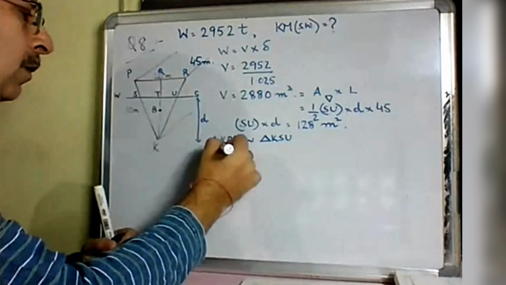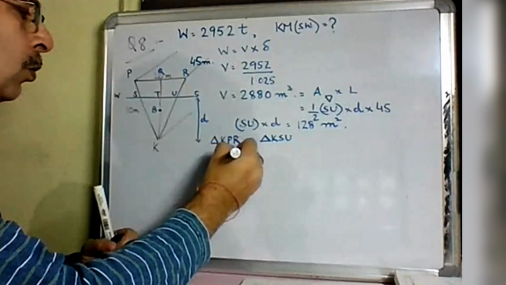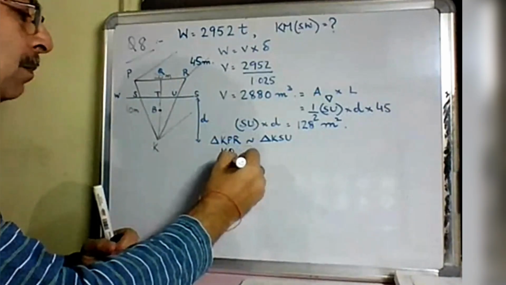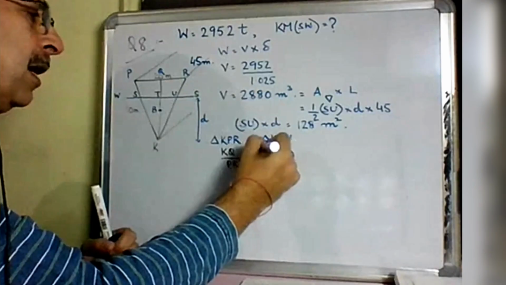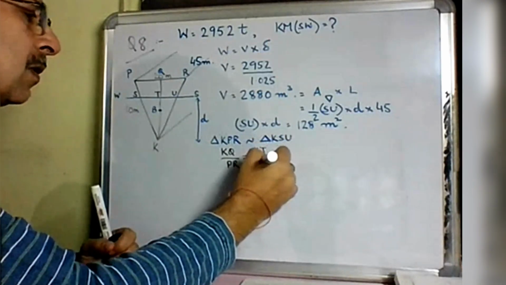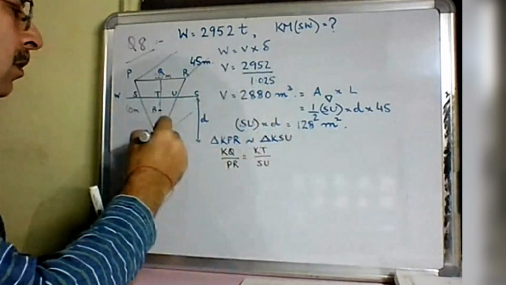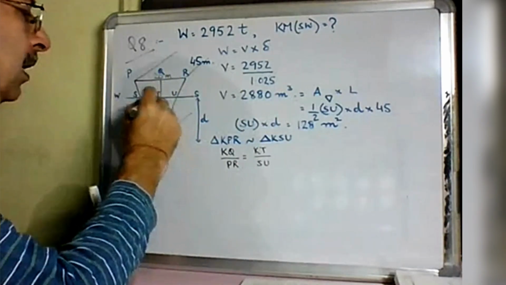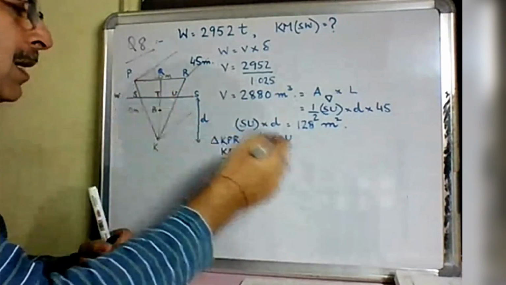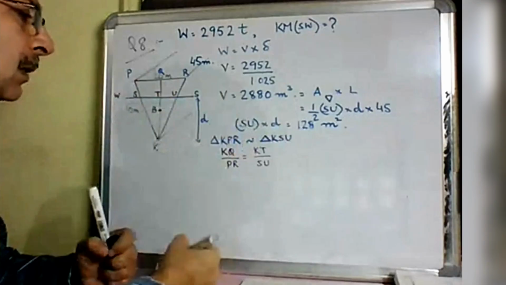Perpendicular over base: KQ over PR is equal to KT over SU.